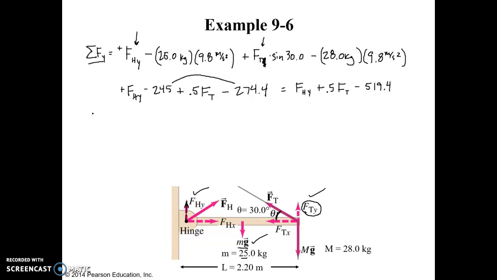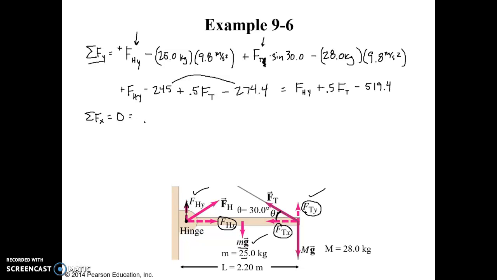But now let's look at summing the forces in the x direction. In the x direction, we have this force and this force, the x components of the hinge force and the tension force. So they're going to cancel each other out, so their sum will be equal to 0.